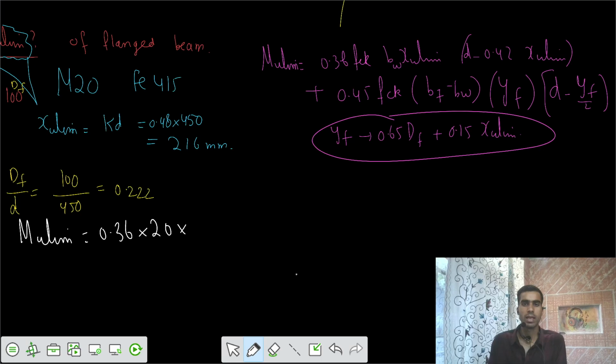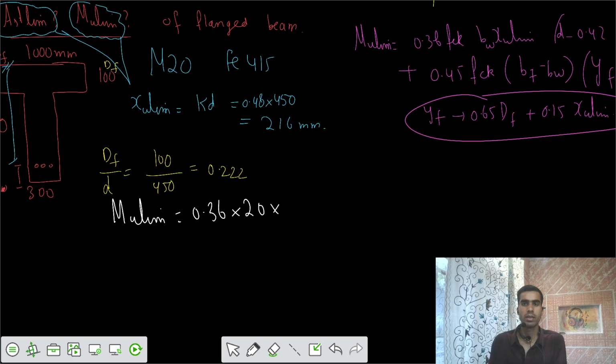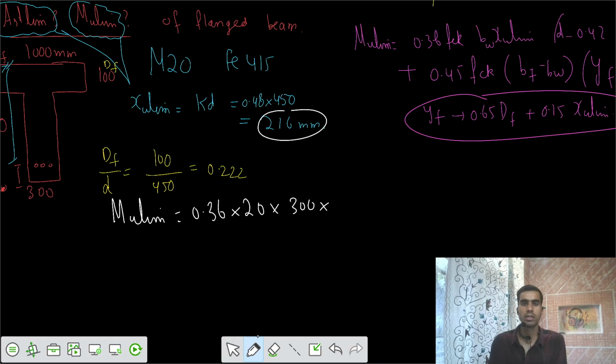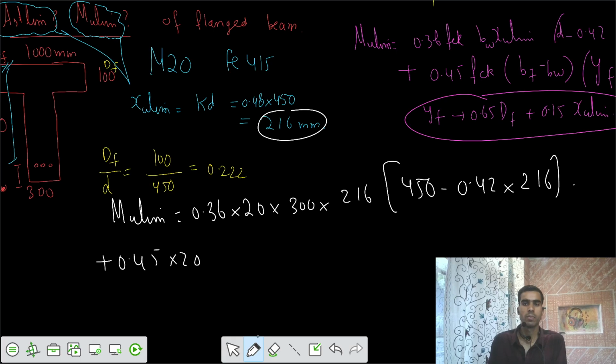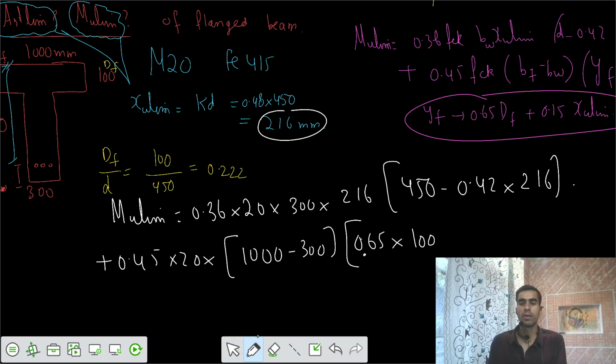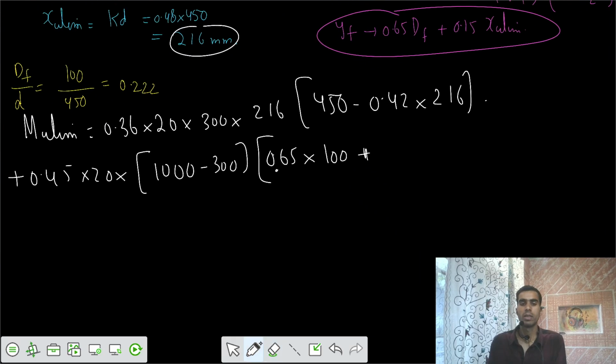0.36 fck bw, where bw is 300, and Xu limiting is 216, and d is 450, minus 0.42 times Xu limiting 216. Then plus 0.45 fck, then bf minus bw, then we have yf. The value of yf is 0.65 Df plus 0.15 Xu limiting.